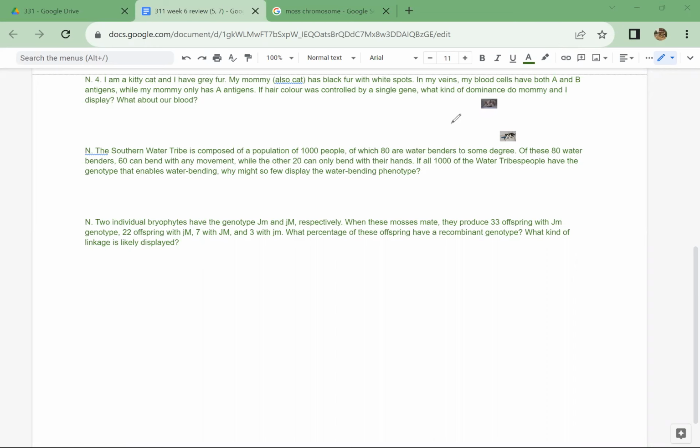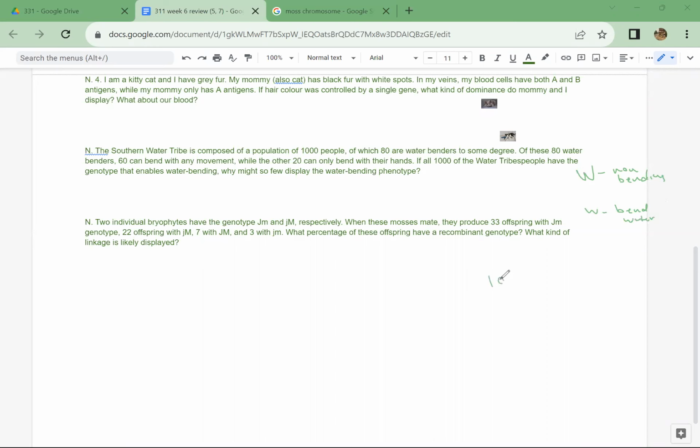How could this be? So let's say that it's controlled by a single gene and they're human diploids. Let's say that capital W is the non-bending gene. Their chi paths are not as open, so they cannot bend any elements, and lowercase w allows them to bend water specifically.